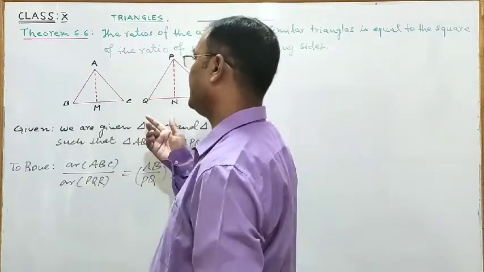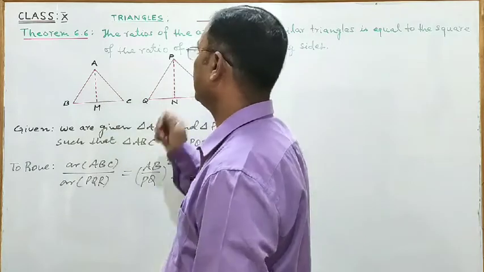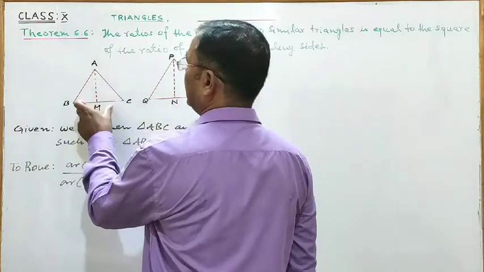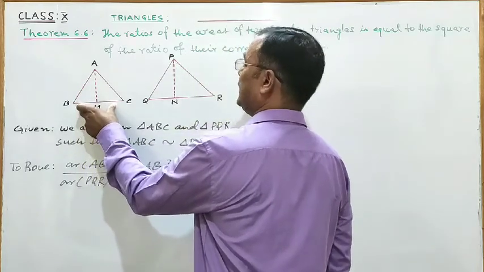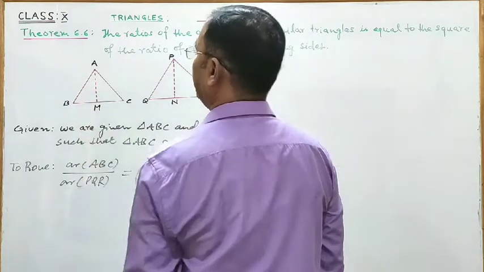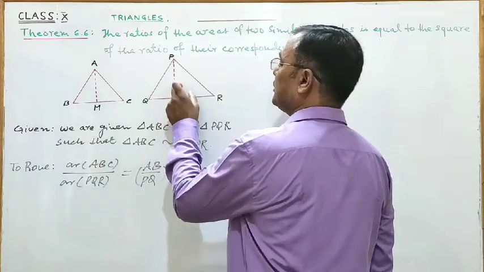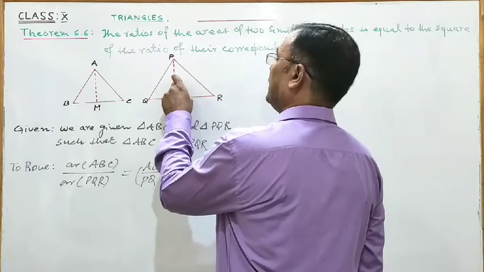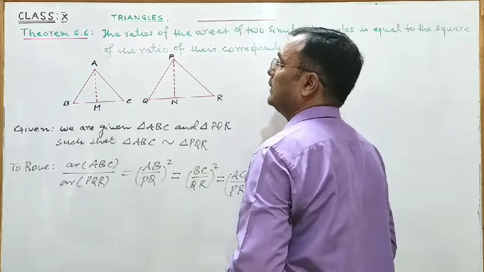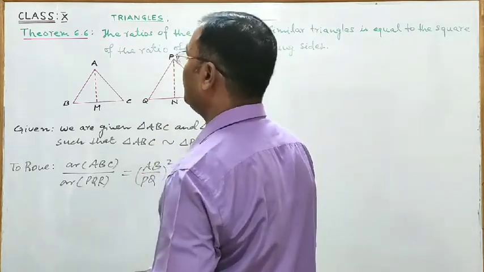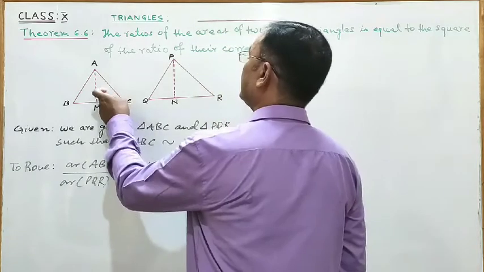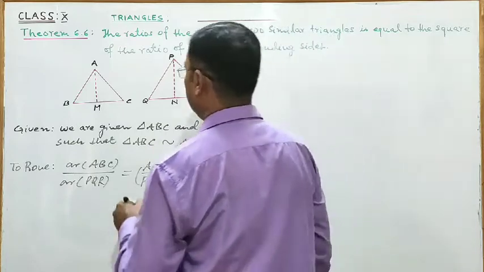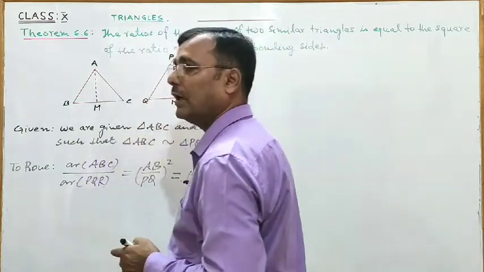As this theorem is related to areas of two similar triangles, AM is constructed perpendicular to BC, altitude of the triangle ABC, and PN is constructed perpendicular to QR, altitude of triangle PQR. Area of triangle is half into base into height, so these perpendiculars are constructed in triangle ABC and triangle PQR.